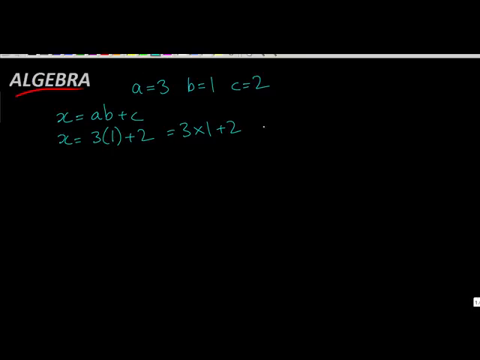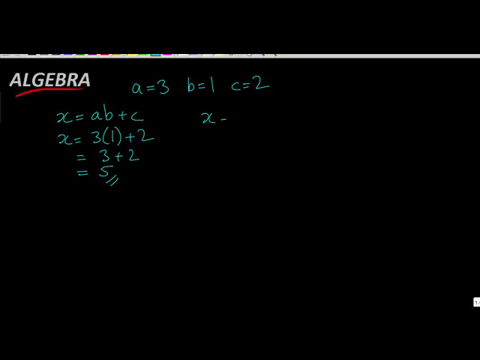I think one of the reasons that we do it, that this is better, although your teachers might not like it at this stage, is that you don't confuse the multiplication sign with an x. So work with 3 bracket 1, which means 3 times 1, two things written together mean multiplying. 3 times 1 is 3, so it equals 3 plus 2, which is equal to 5. It's solved.